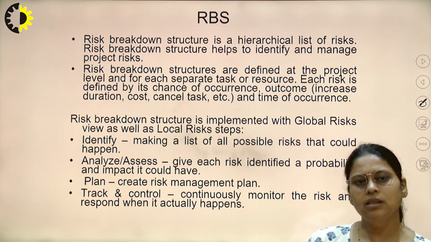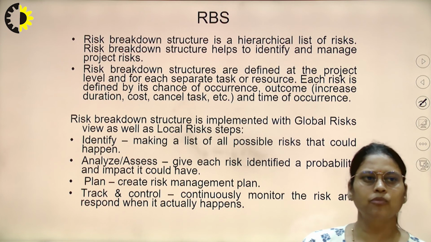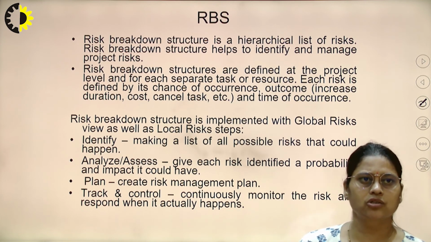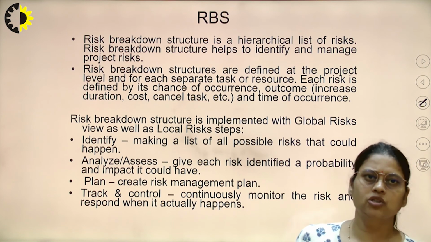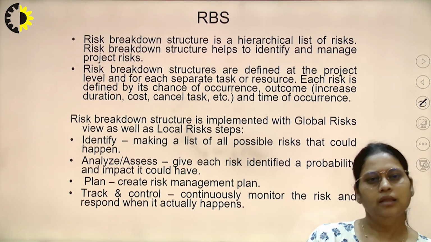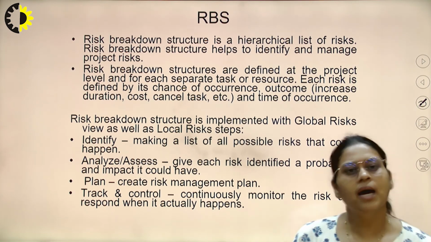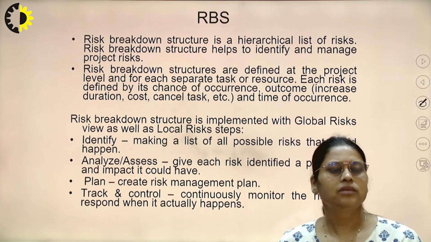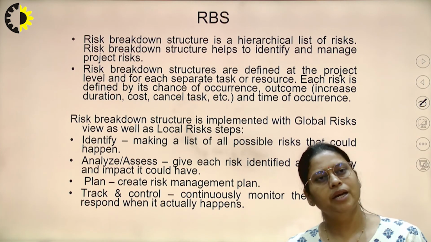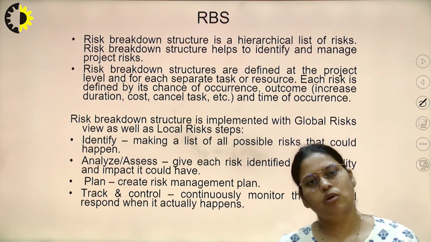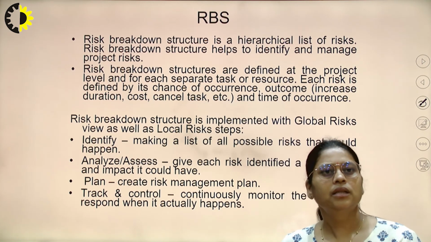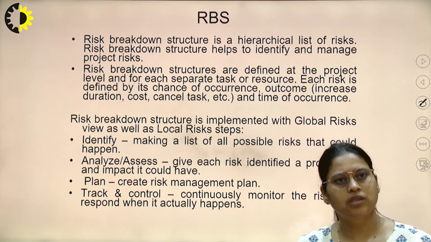For this, we have to use the RBS process, that is the risk breakdown structure. It is a hierarchical list of risks. First of all, we have to identify all the risks in the project. Then we have to eliminate these risks during this risk management process. The risk breakdown structure is a hierarchy list of risks that helps to identify and manage the project risk.